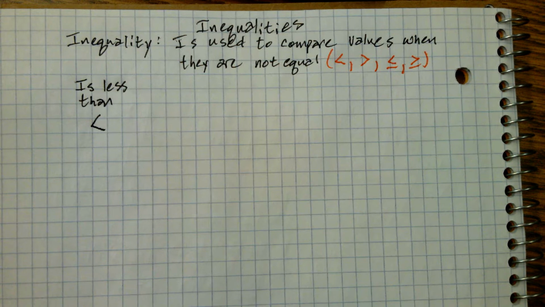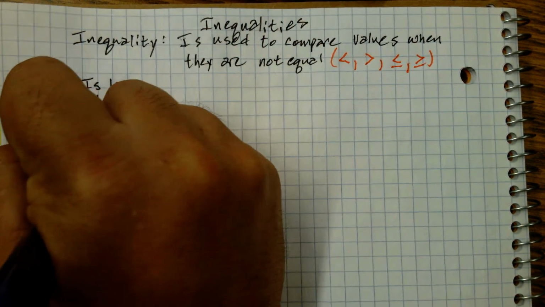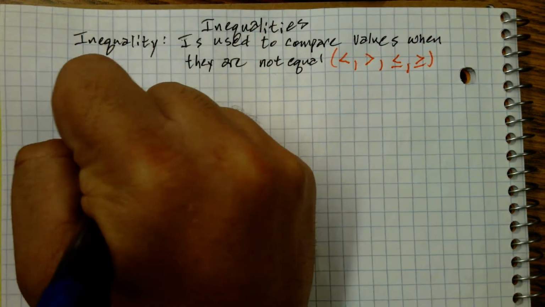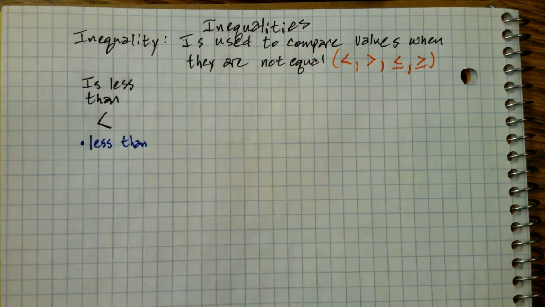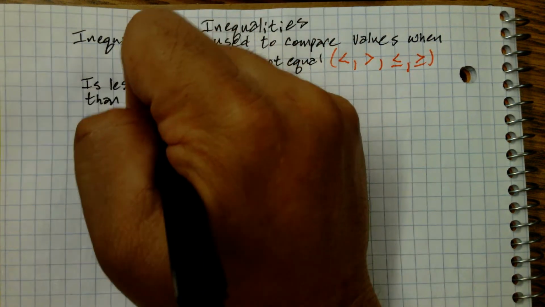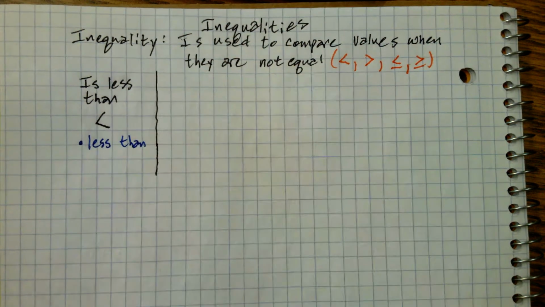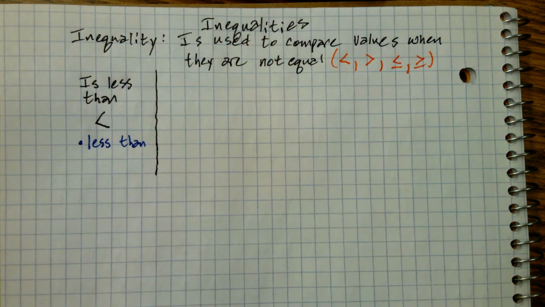And a typical way of writing, using it in an everyday sentence, is just saying less than. Make this a little longer, because the others are going to have a couple more expressions. So that is less than.